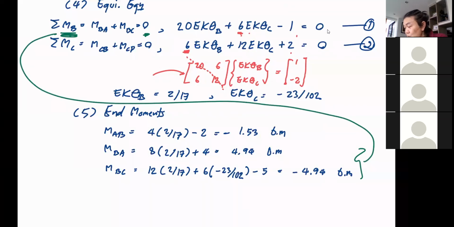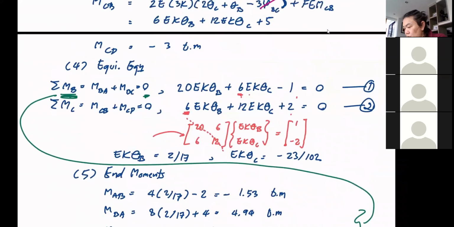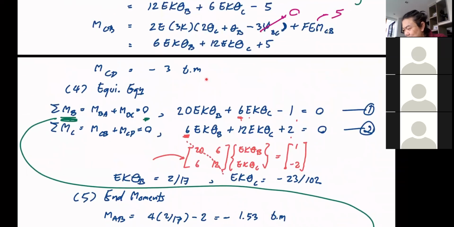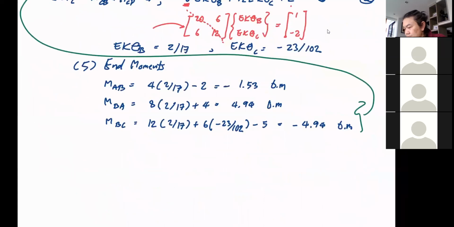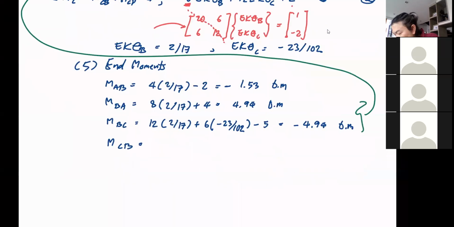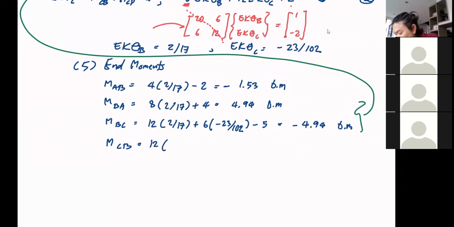And now you know that your MCD here is -3. So MCB from this equation better be equal to 3. MCB is now 12 EK theta C plus 6 EK theta B plus 3.